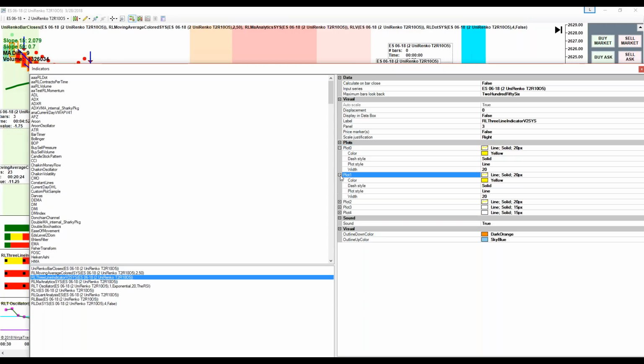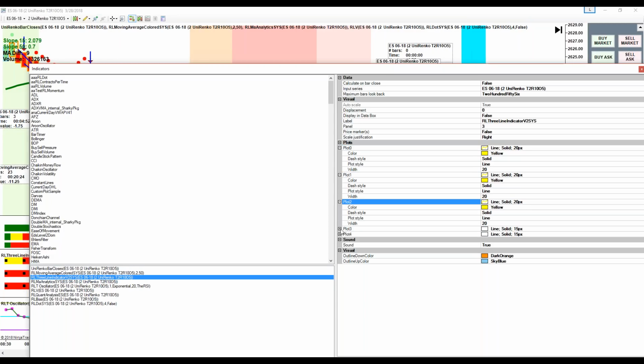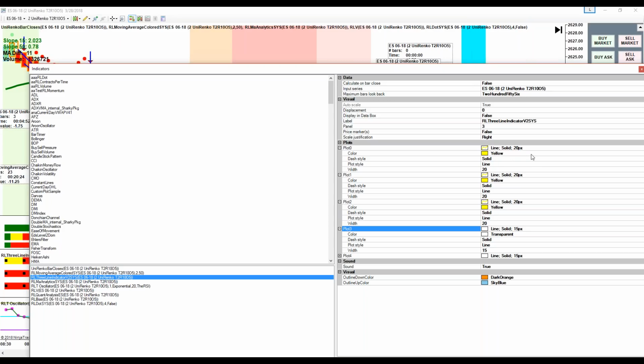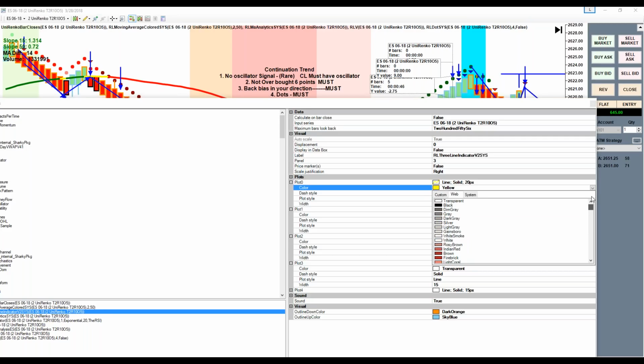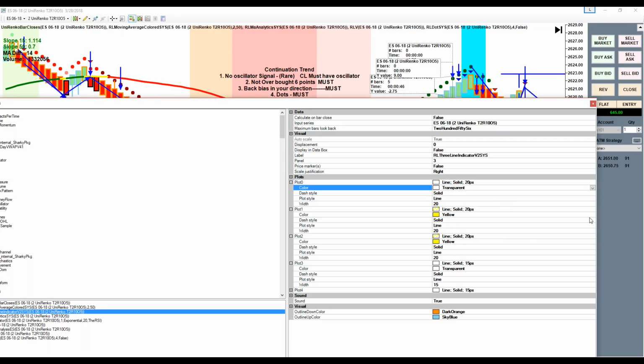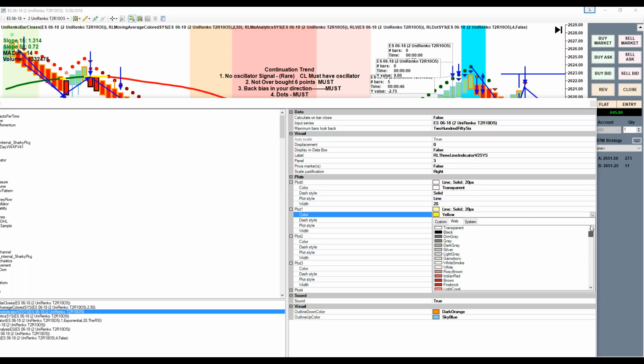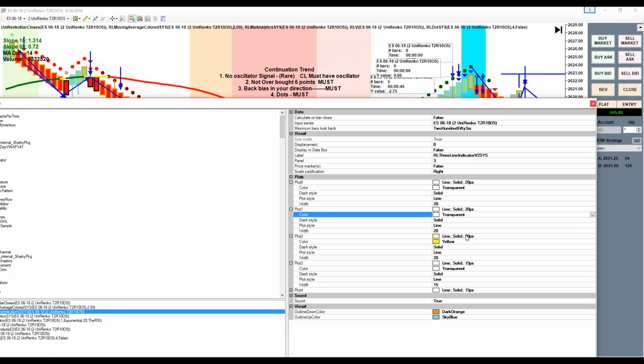See, right now the default plot is yellow, but that's what determines the color. If you set these to transparent, you'll get no three line, but you'll still get the candle body outline because it's visualized here. So I'll show you real quickly. Let's move this to transparent. Move this to transparent. And all of a sudden, the platform's going to get a lot easier to assess, but you're not losing any data.